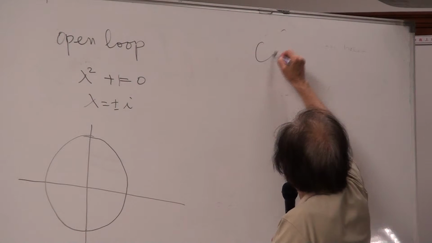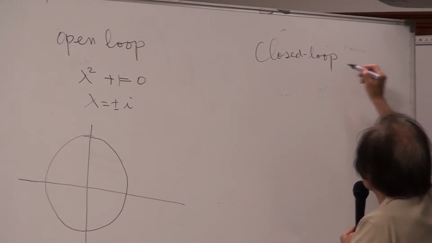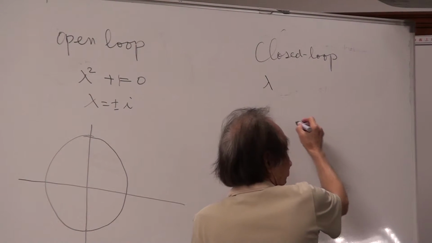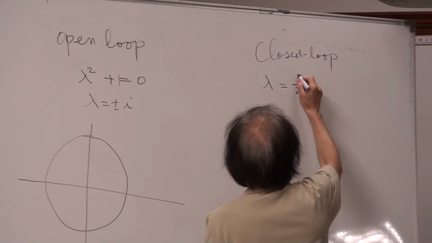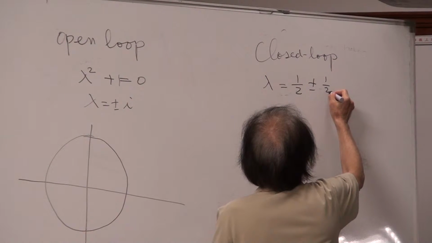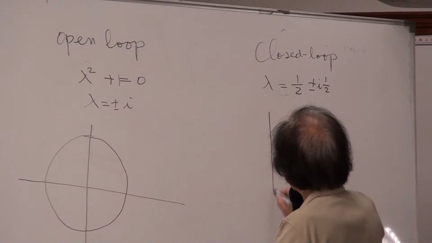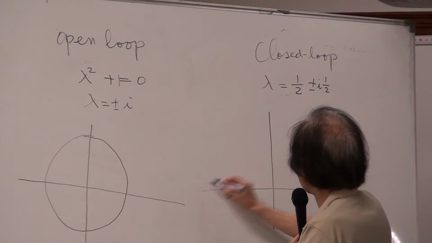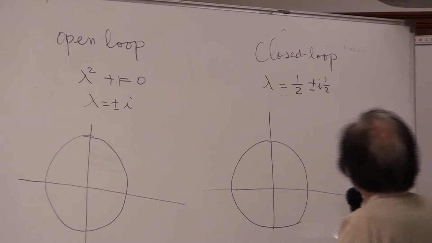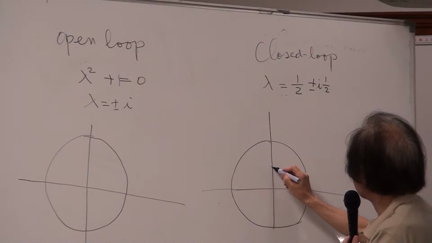My closed loop pole, I want my closed loop pole lambda equal to one half plus or minus one half i.